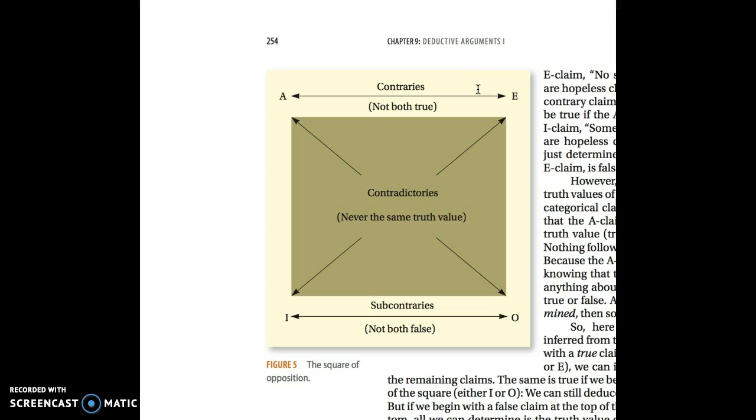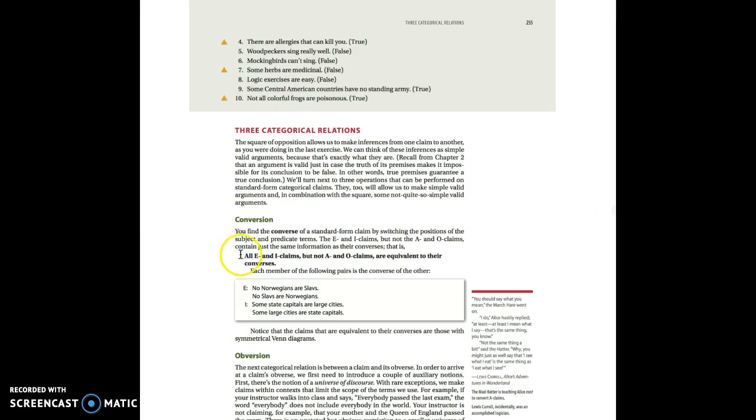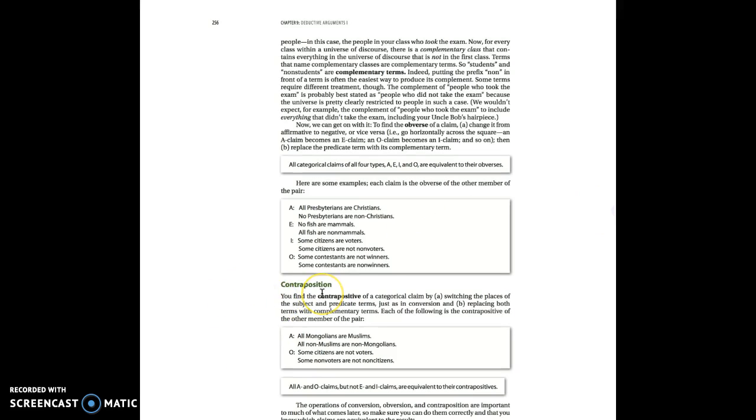Okay, now given the square of opposition and our four categorical claims, I'm going to talk about three rules or relations that we can apply called the three categorical relations: conversion, obversion, and contraposition.